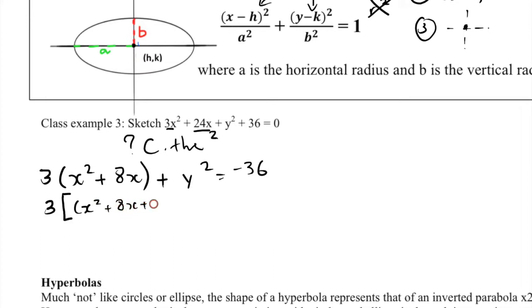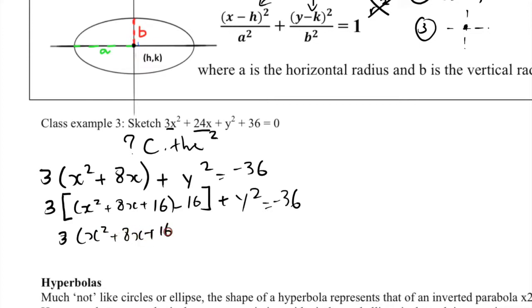8x, so half of 8 is 4, squared is 16. Then you have plus y squared equals -36. Okay, so moving along. We multiply 3 inside the bracket, so 3 times x squared plus 8x plus 16. You can complete this if you want.